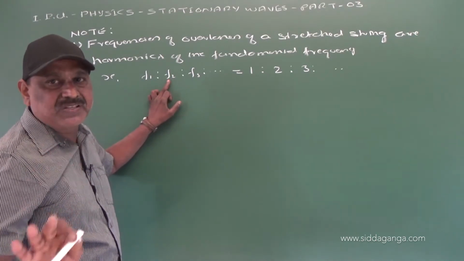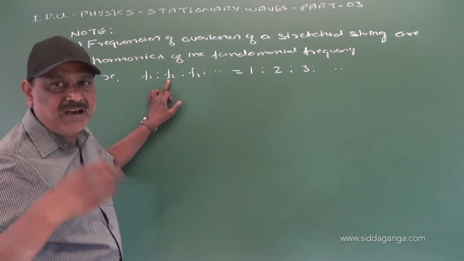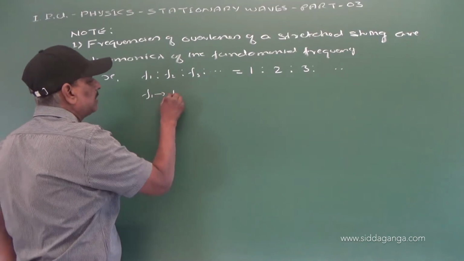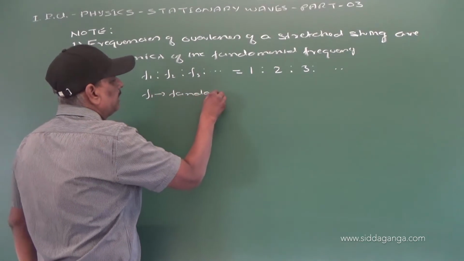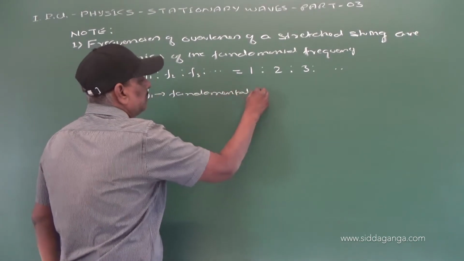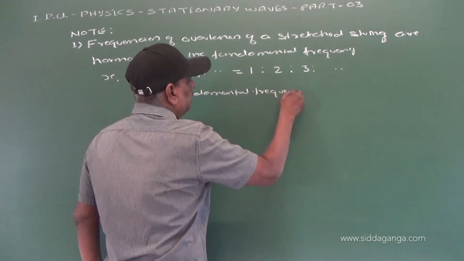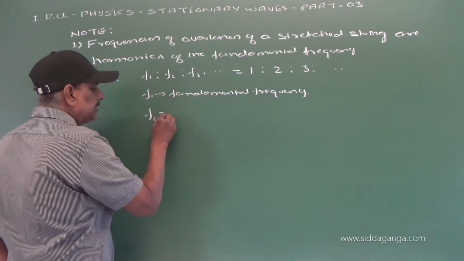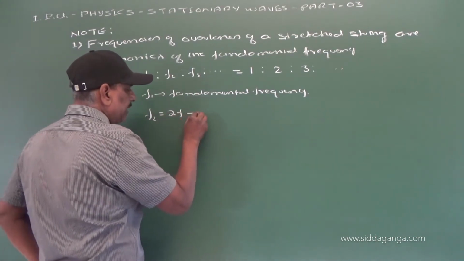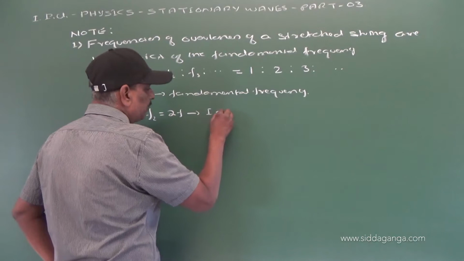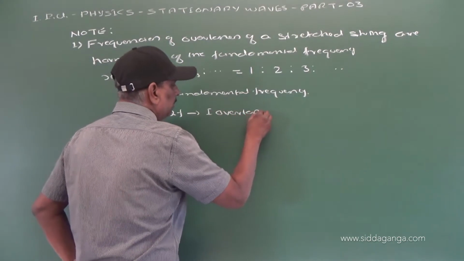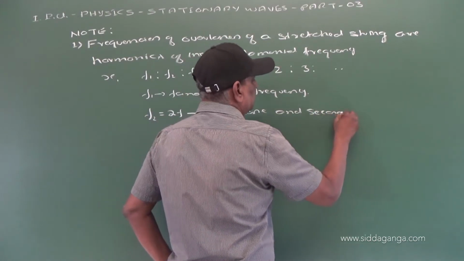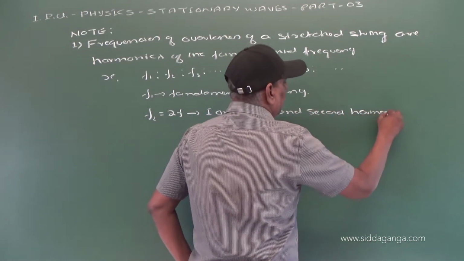F2 is the first overtone and second harmonic.